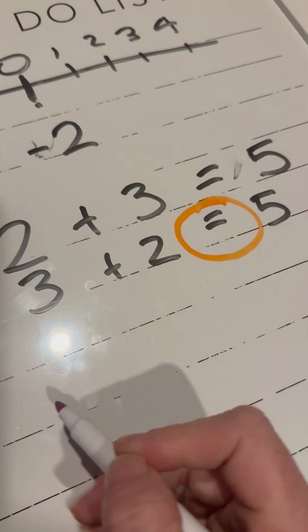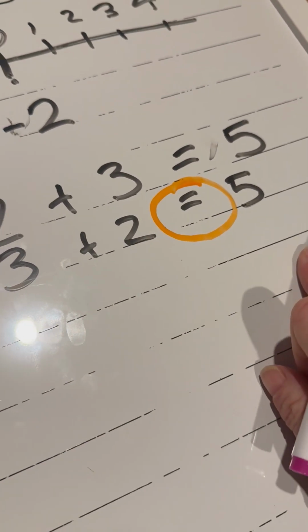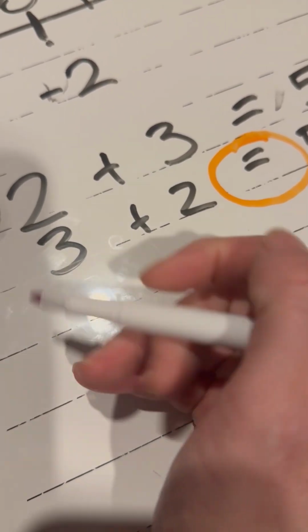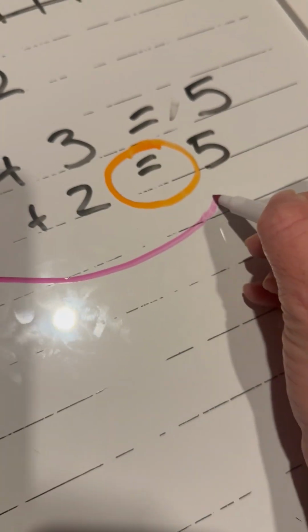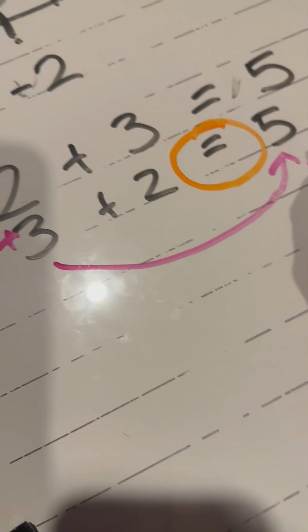So for example, if I wanted you to move 3 to the other side of the equation, you would take what over here is a +3, and because you're moving it over here, it's going to become a -3.